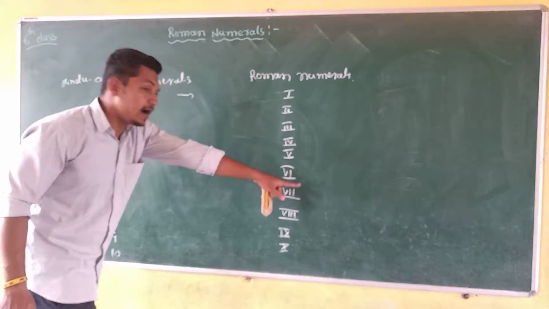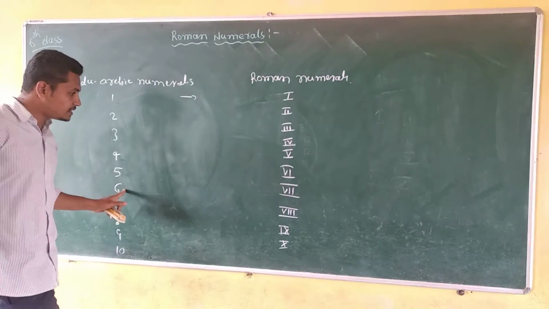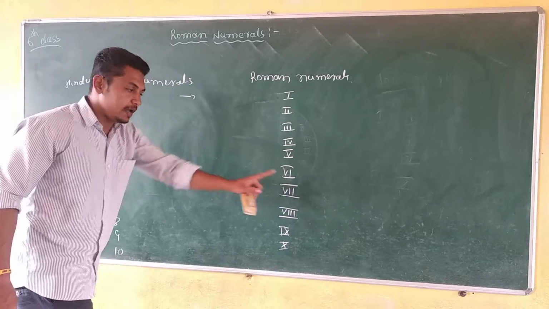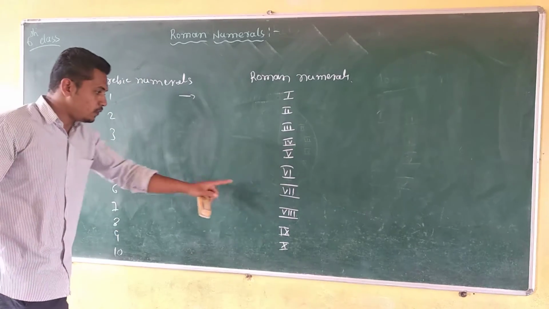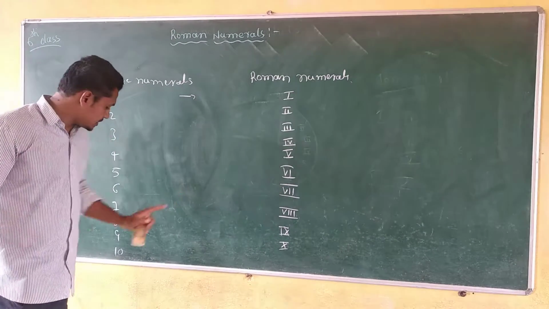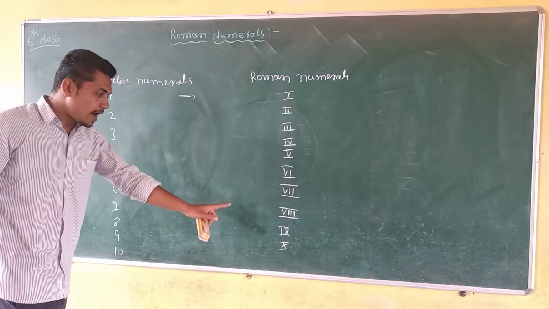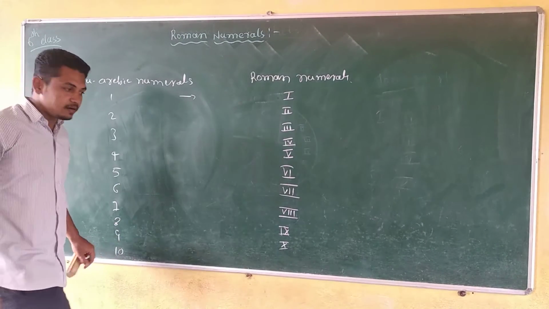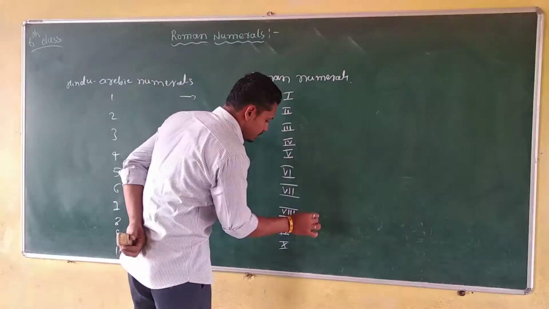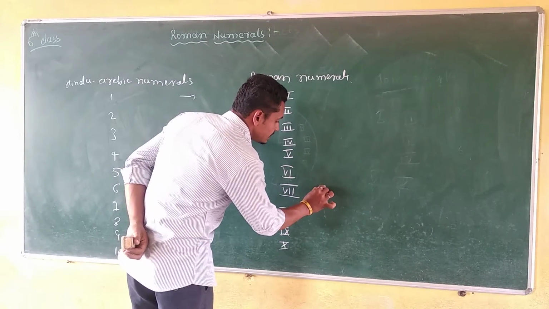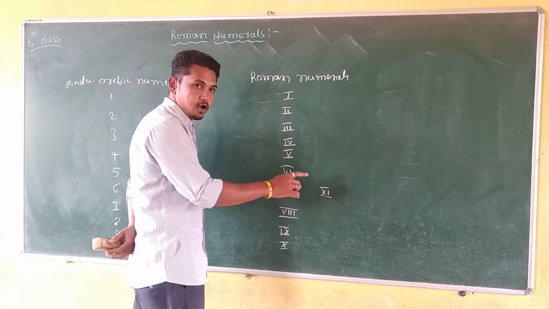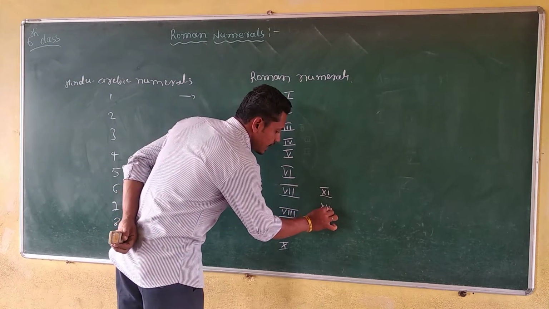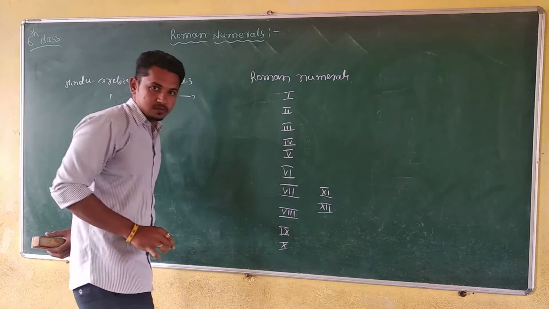VI is the value of 6, VII is the value of 7, VIII is the value of 8, IX is the value of 9, X is the value of 10, XI is the value of 11, XII is the value of 12.